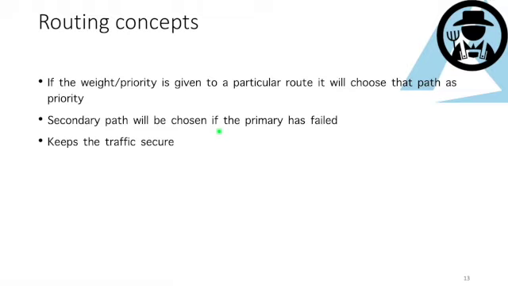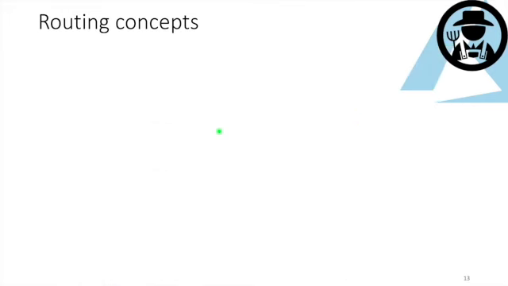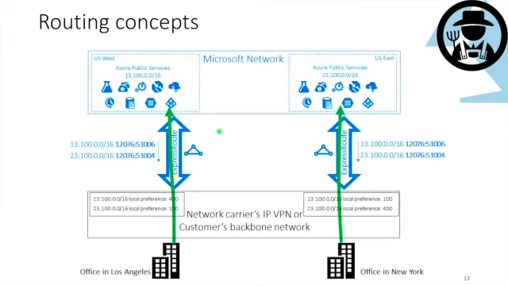If I'm talking to the networking guys, they will know exactly what I mean by that. I think I have a diagram here to explain. Okay, so here, what happens is if you have two ExpressRoutes, let's look at the picture and let me show you what I mean.